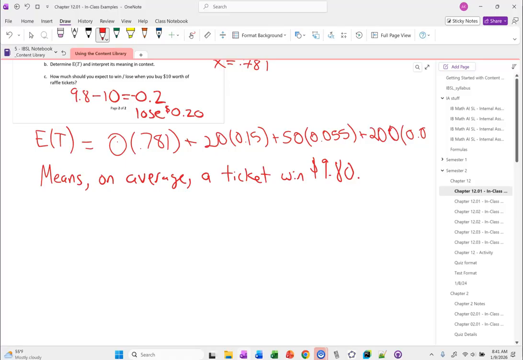It's like this lottery question where you got to pay $9 for the lottery ticket and the expected return is $9.80. You should play that game as much as you possibly can, because even though you might lose in the short run, over the long run, you're going to be making a lot of money. So it's the same idea in a game like poker, where you're playing against another person.